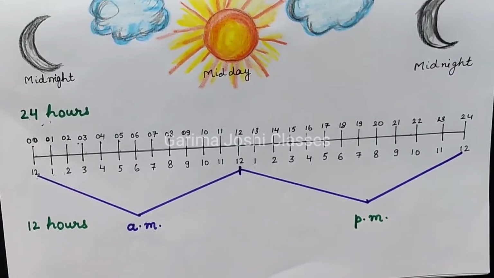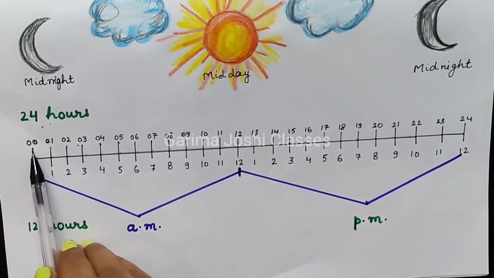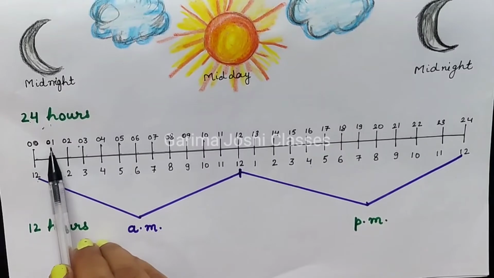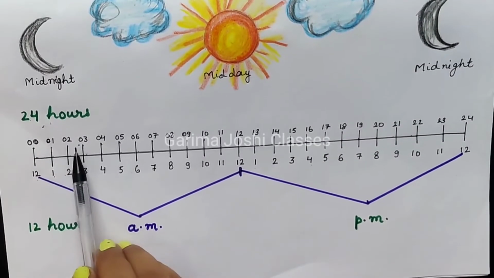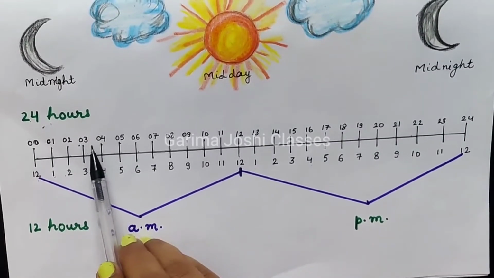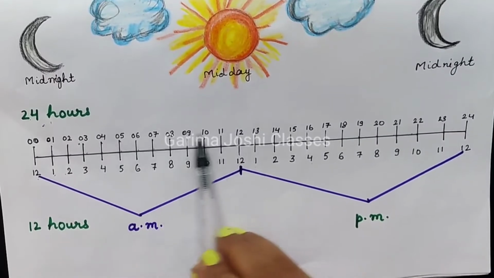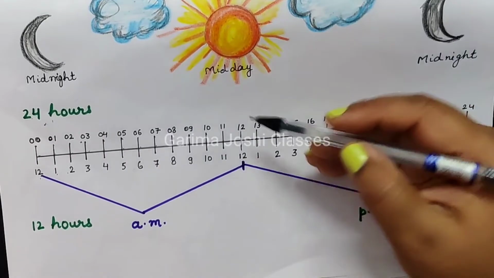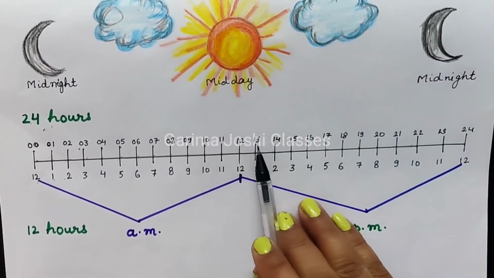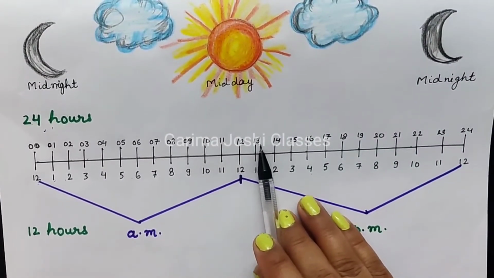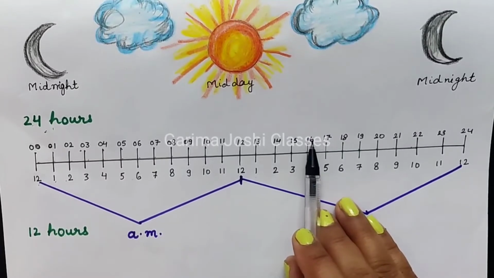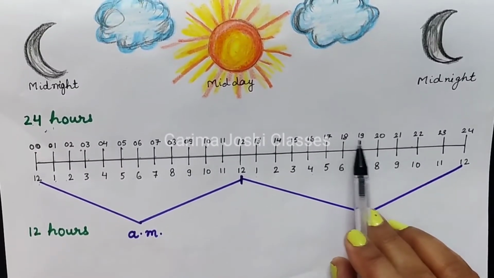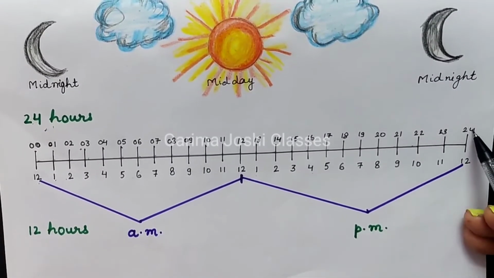But in 24-hour clock, it starts at 00 hours and then 1:00 hours, 2:00 hours, 3:00 hours, 4:00 hours, till 12 it is the same. And it does not reset at 12. It continues to 13 hours, 14 hours, 15 hours, 16 hours, 17 hours, 18 hours and so on till 24.